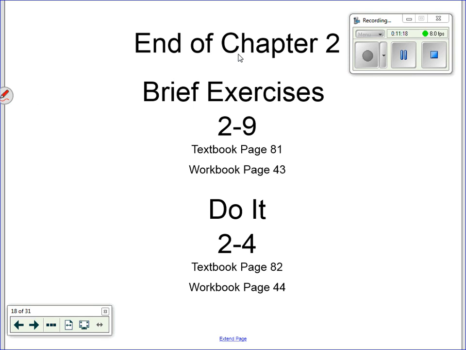So use brief exercise 210 in your workbook. Use that little template, but actually go to your textbook page 82 and do it to 4. So I'm at the top of page 82.